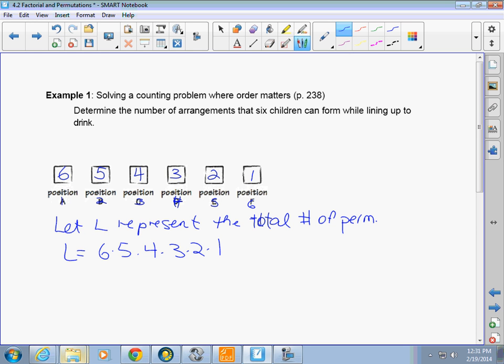By definition then, when we have a natural number that we are writing in descending order and it's the product of them, this is the same as factorial notation, so we can say that this is 6 factorial. If you multiply 6 times 5 that gives you 30, times 4 is 120, times 3 is 360, times 2 is 720. So that means there are 720 ways that the 6 children can be arranged to go to the water fountain.